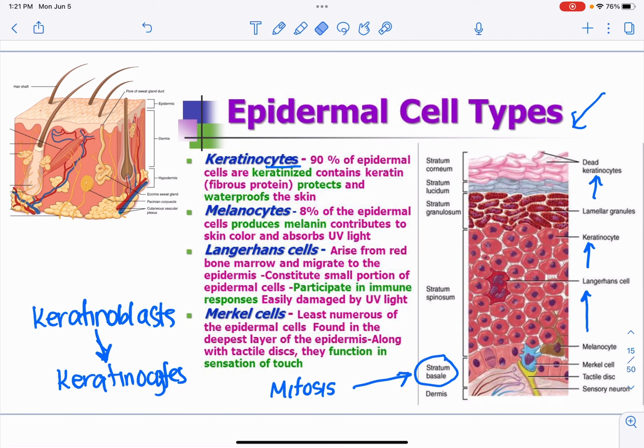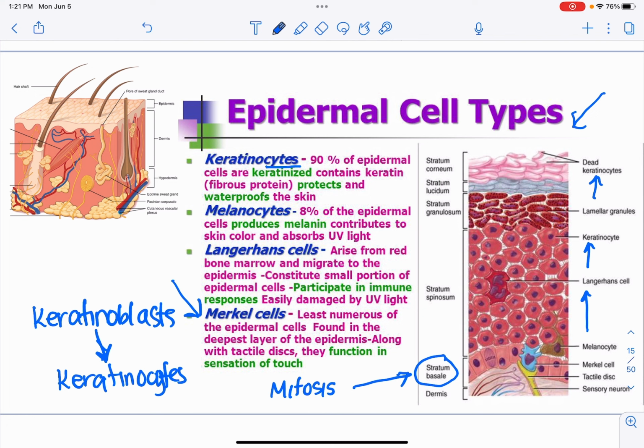Within the stratum basale, you can also find two other types of cells. You can find Merkel cells. All right, and in the beginning, I told you how it was very important, one of the functions of skin was to detect sensation. So Merkel cells are involved.